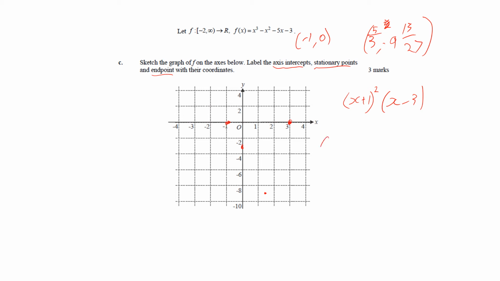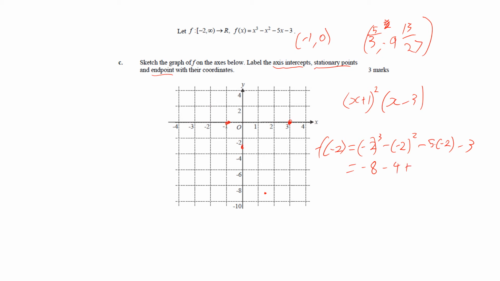We know that this graph finishes at -2. So we need to find f of -2. We need to find the value of the function at -2, which is going to give us -2 cubed, minus -2 squared, -5 times -2 minus 3. And you could also use the factorized form to do this.